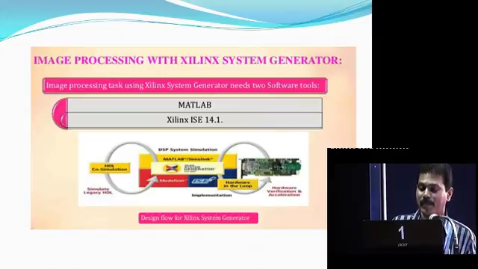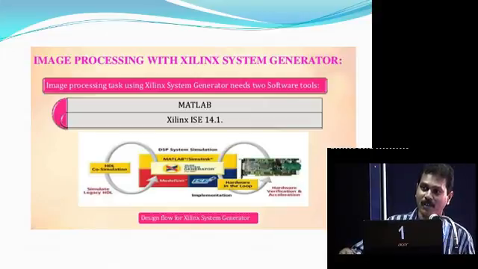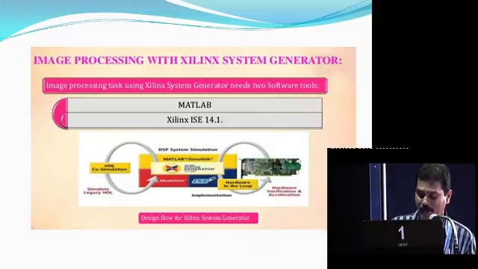But the main challenge of this is that System Generator allows only one-dimensional data to be processed, so the image data has to be processed in one-dimensional form. That's one of the major challenges. And more than that, only after getting the results can you view them on the computer. In between, it's very difficult to sort it out.